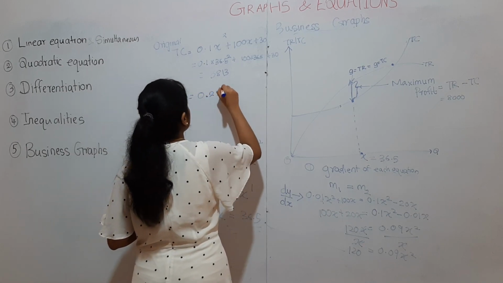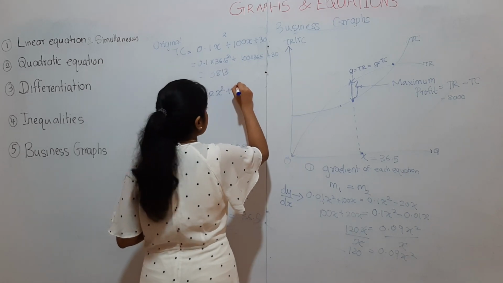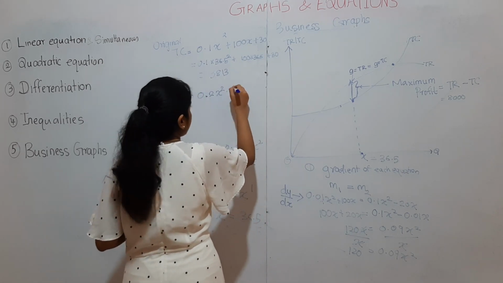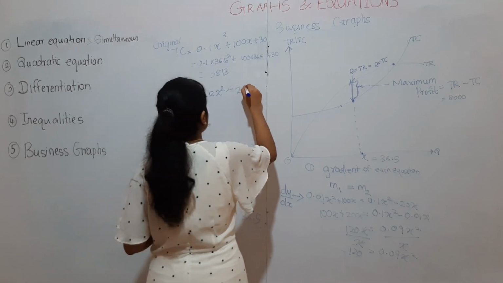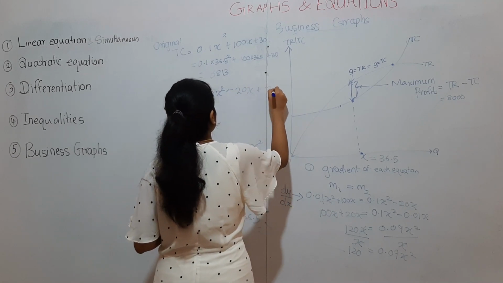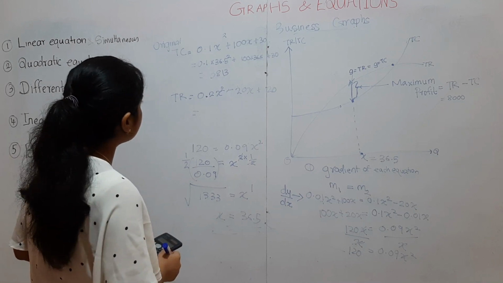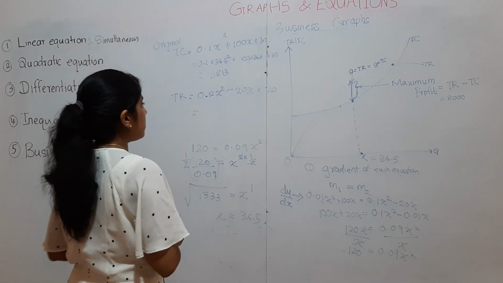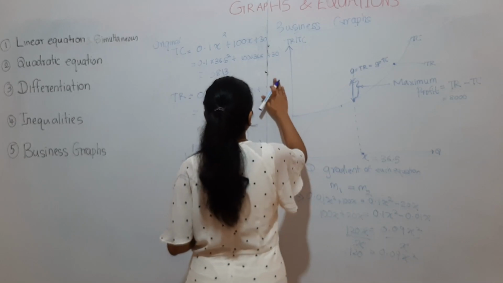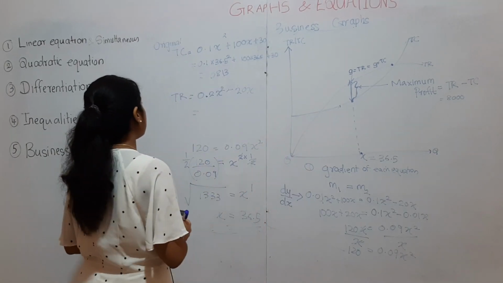And then total revenue, I would say, is 0.2x squared minus 20x plus 20, for example. No, I think total revenue doesn't have a constant, because it starts from 0. So no problem.